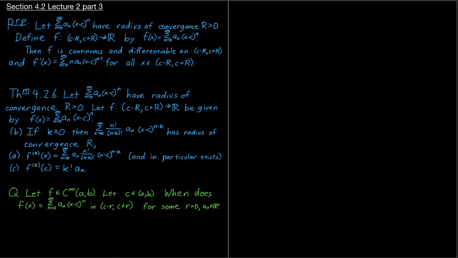So when are there some coefficients and some positive radius of convergence such that f of x equals this power series? And I'll point out from our theorem that you know what a_n is. It has to be the nth derivative of f at c over n factorial.